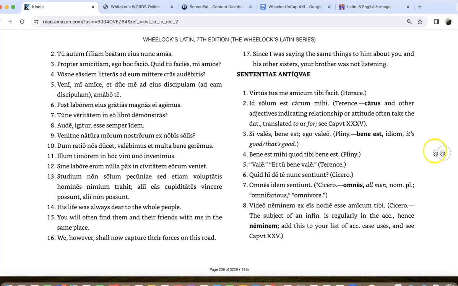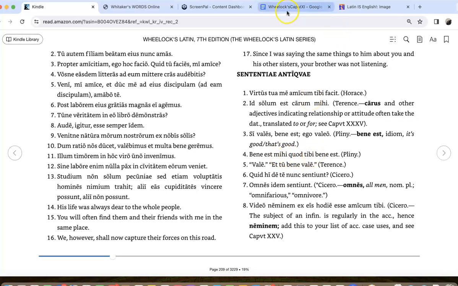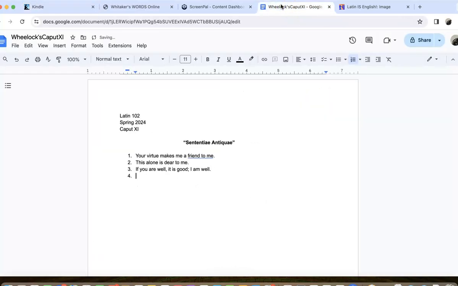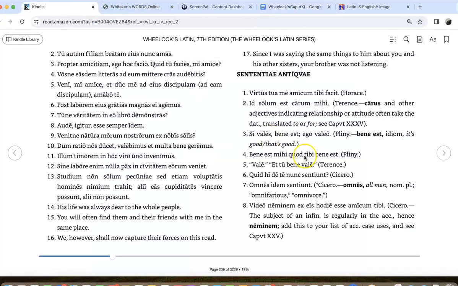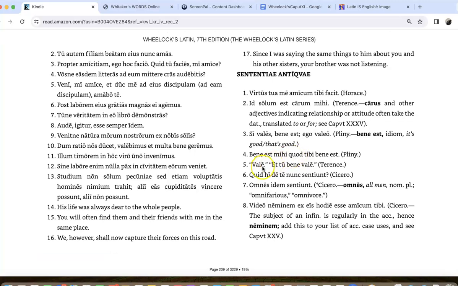So going back to our example, it is good for me because it is good for you. All right, so quod is an important conjunction, so please make note of that.